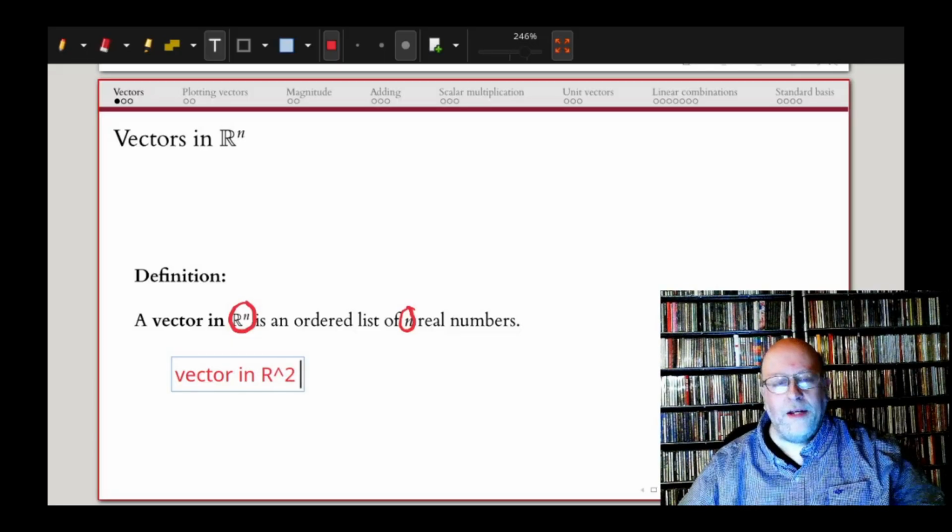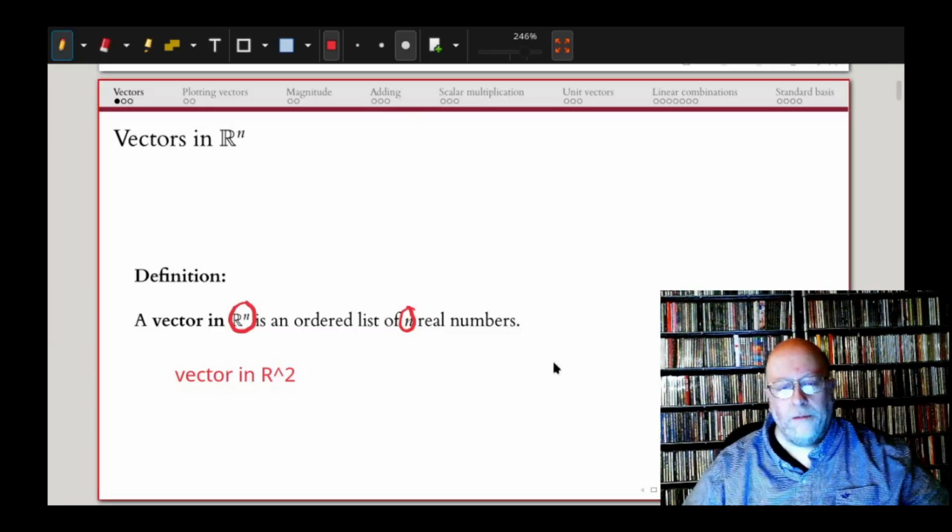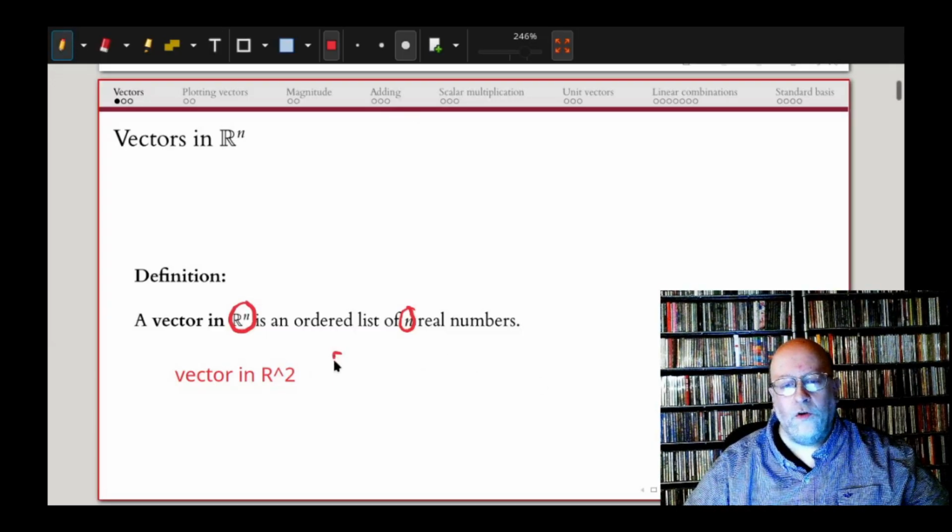then what I mean is something like the vector with two real numbers in it, like 2, -7.